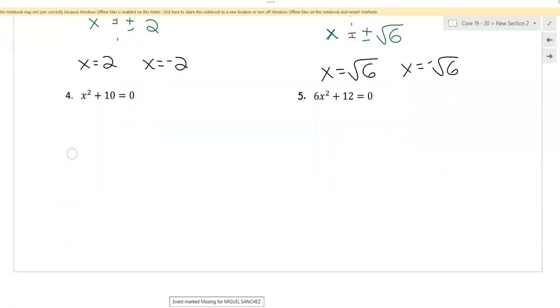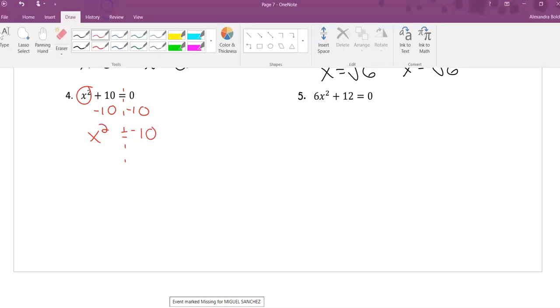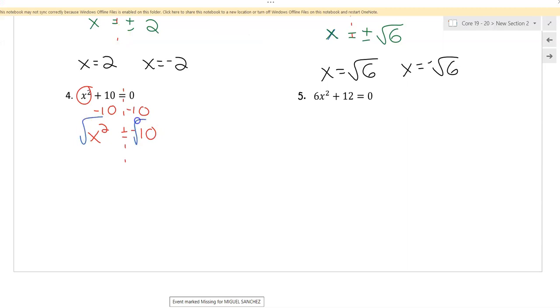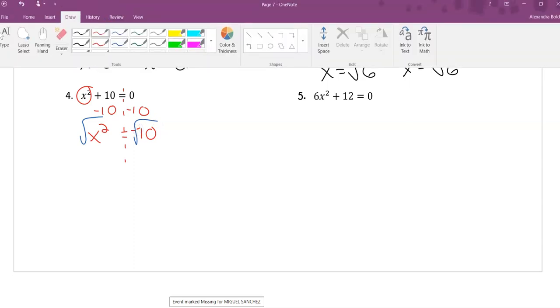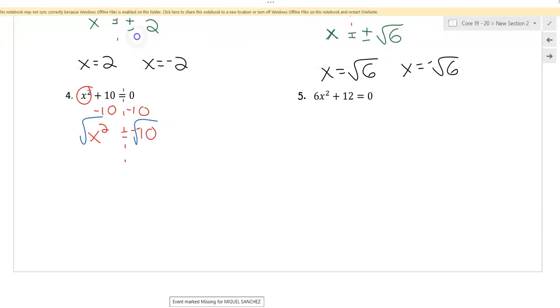Number 4, x squared plus 10 equals 0. Here's what's being squared. Subtract 10 from both sides. Take the square root of x squared. Sorry, it's negative 10. The negative kind of got lost in there. The square root of x squared is x equals the square root of negative 10, which is the square root of 10 times the square root of negative 1.